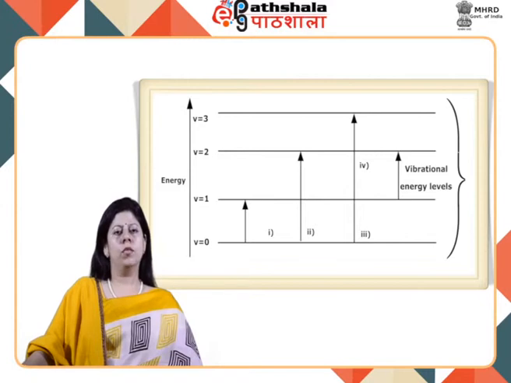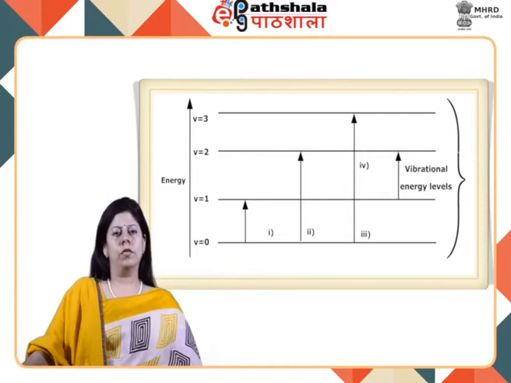The vibrating molecule does not behave perfectly like a harmonic oscillator. It means the restoring force is not exactly directly proportional to the displacement from the mean position. Such molecules are called anharmonic oscillators.